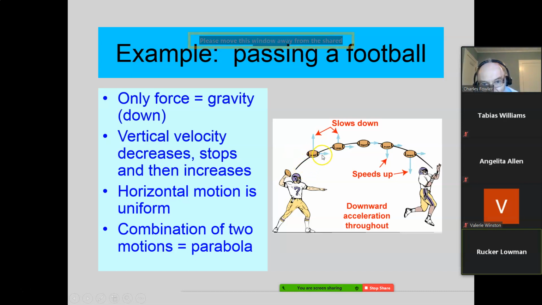The horizontal component never changes. They're always the same as the ball goes down the field. The vertical component is greater upward here, reduces because the acceleration due to gravity is pulling downward, actually goes to zero somewhere at that midpoint, now is heading downward, and hopefully the receiver is right there.